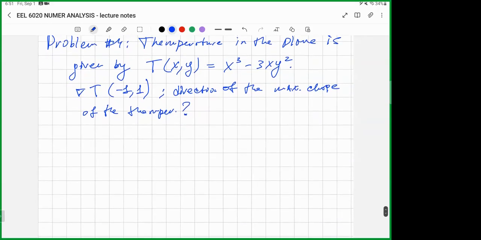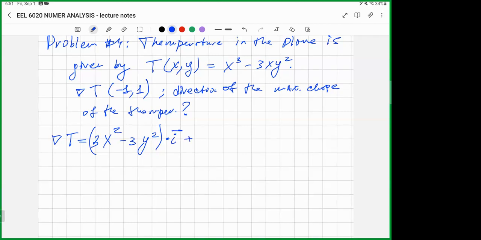Okay, so the procedure is the same. The gradient of this temperature field is given by the x derivative of this function, which is 2x squared. Oh, sorry, 3x squared minus 3y squared. Okay, so this is the x component of the gradient.